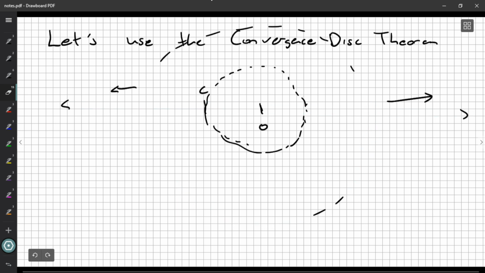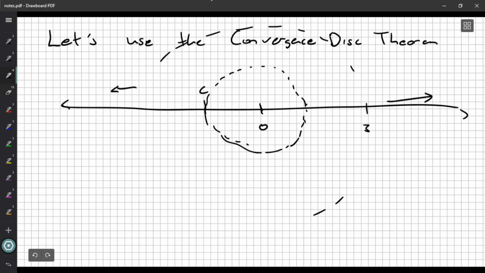Well, what is further away from 0 than 3? Well, I can see the distance between 0 and 3 is 3. Going on the other side, you'd get minus 3. Now, the result doesn't tell us anything that happens closer if we know divergence. It doesn't tell us anything about what happens for something the same distance away.